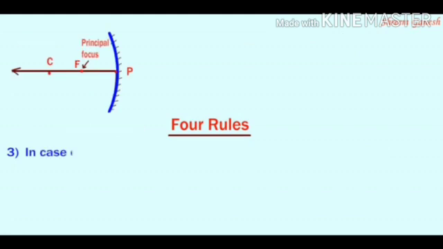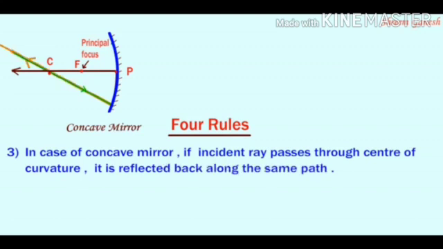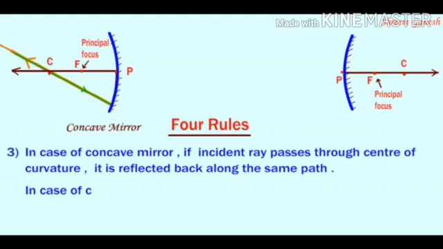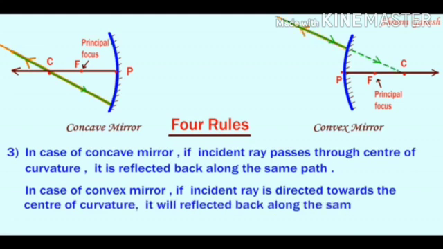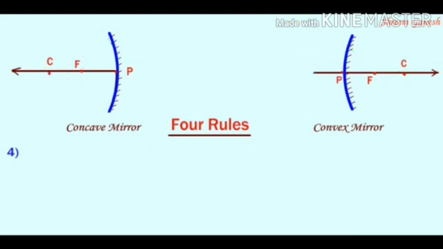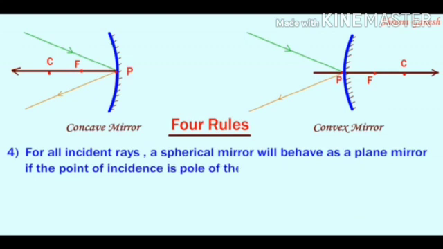Third point, for the concave mirror, if the incident ray passes through the center of curvature, the reflected ray goes back along the same path, that means it retraces the path. In the case of a convex mirror, if the incident ray is directed towards the center of curvature, it will be reflected back along the same path. Fourth point, for all incident rays, the spherical mirror will act as a plane mirror if the point of incidence is the pole of the mirror.